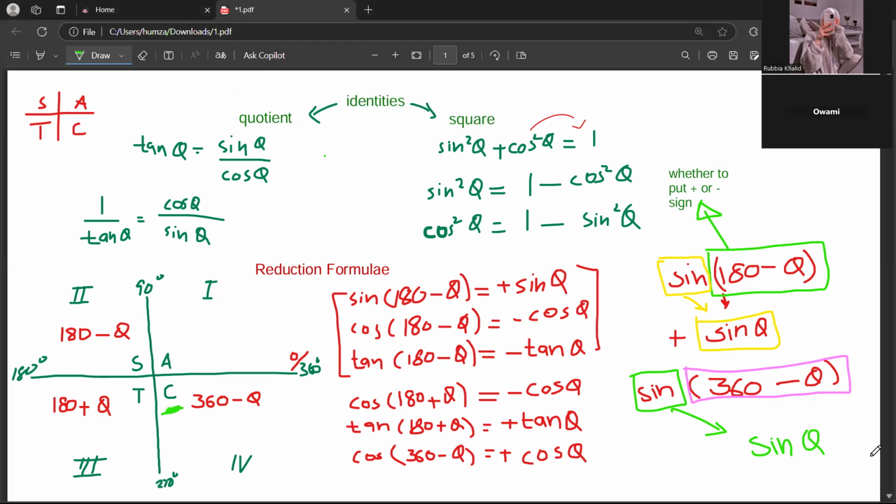So we will say this is equal to negative sine theta, because 360 is in the quadrant where only cosine is positive. For example, if I give you cos 360 minus theta, cos is telling us to write cos, and 360 minus theta is telling us whether there is a positive sign or a negative sign next to it. So 360 minus theta is living in the same house where the cos is positive. So we will put the positive next to the cos.